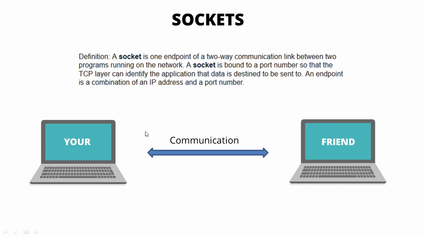To communicate between both of them, you have to create a socket, and that socket has to be bound to an IP address and a port number. Then this socket is able to send information to your friend's computer and vice versa. That is, it is able to receive a message from the other computer too.